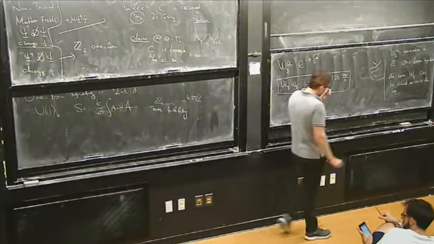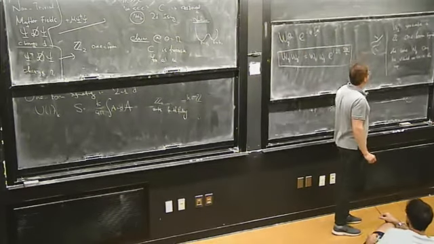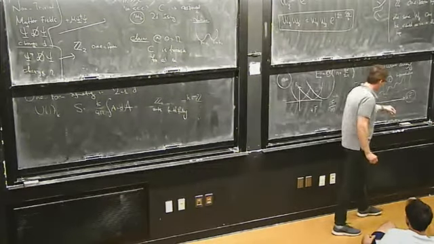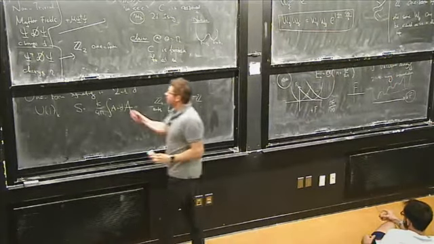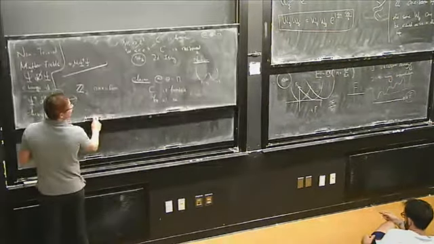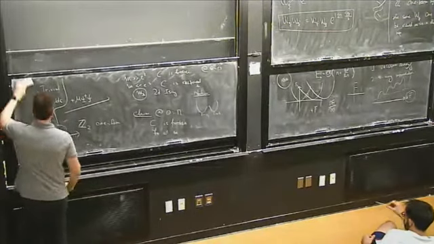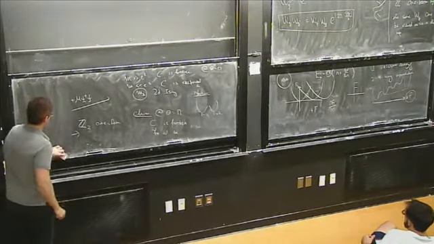Now, the question is, how does it work in non-abelian Chern-Simons theories? So what is the one-form symmetry of, let's say, SU(N) level K?